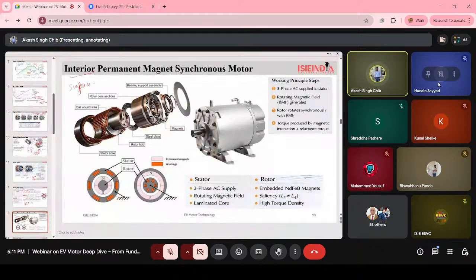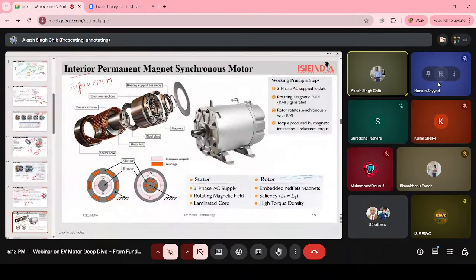Mainly, the difference between the interior and the surface permanent magnet synchronous motor is just the rotor part. If the rotating part is on the outside, it is the surface permanent magnet synchronous motor. And if the rotating part is inside the motor, it is called the interior permanent magnet synchronous motor.